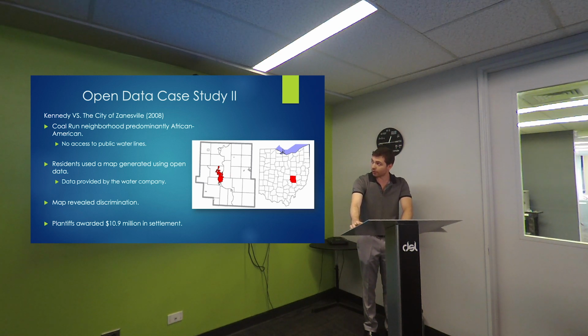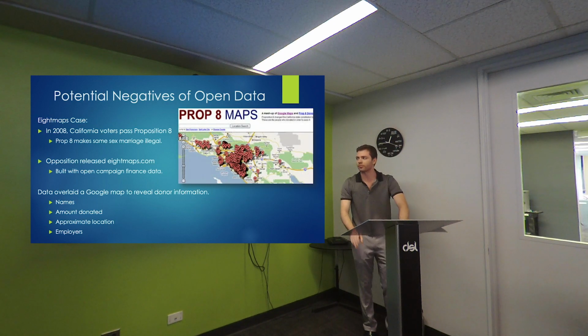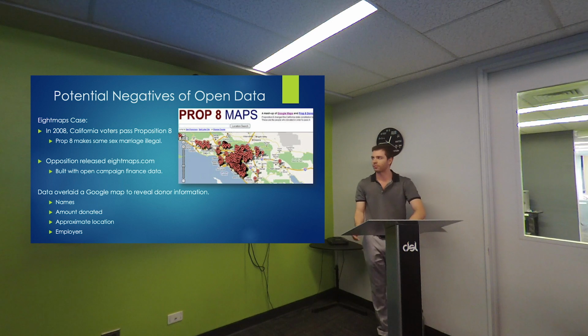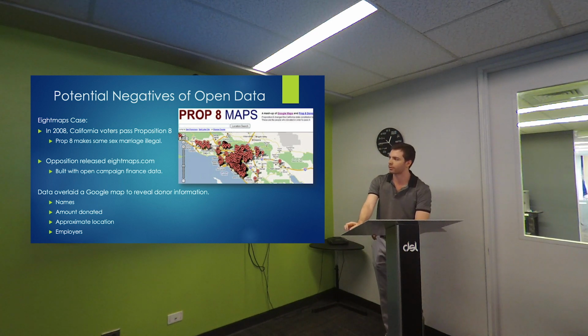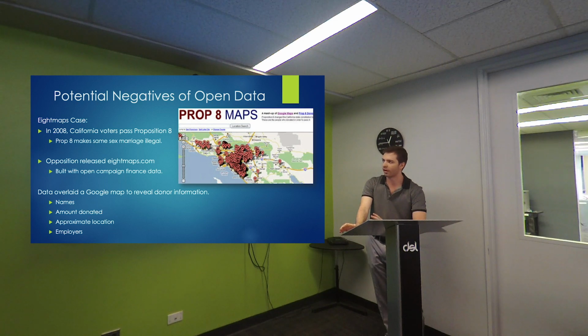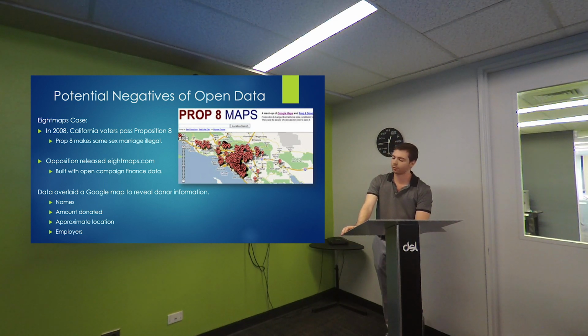But here is another example, and this is one of the potential negative consequences of open data. This also happened in 2008. So 10 years ago, the 8 Maps case occurred, and a little bit of background on what happened here was that in 2008, California voters passed an act called Proposition 8, which made same-sex marriage illegal in the state.